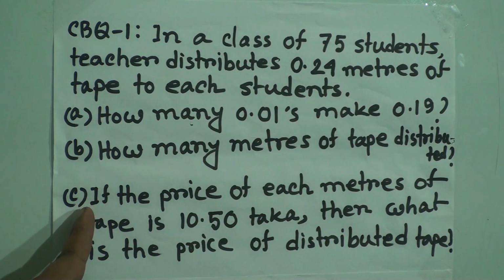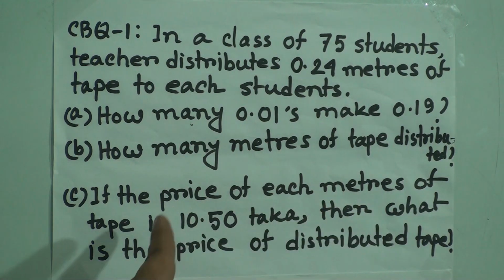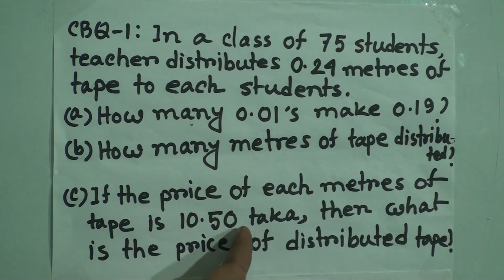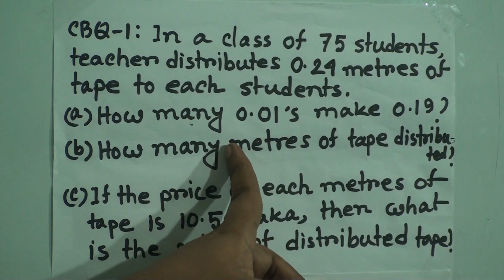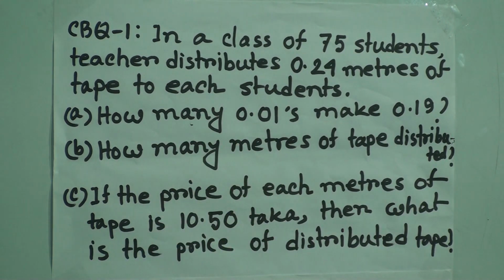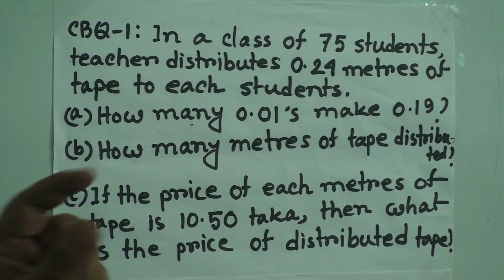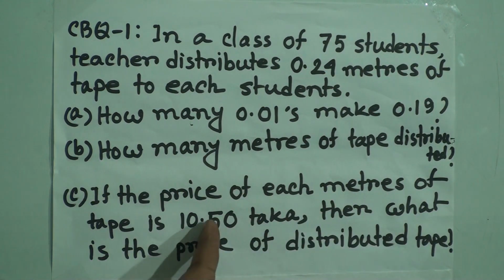Next, question number C, if the price of each meter of tape is 10.50 taka, then what is the price of the distributed tape? We have already found the distributed tape in question number B. So at first we write from question B, the distributed tape is dash. After that we write the price of 1 meter of tape is 10.50 taka, and then we find out the price of the distributed tape. I hope you have understood how to solve this type of math.